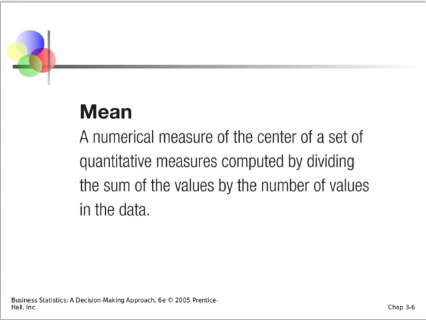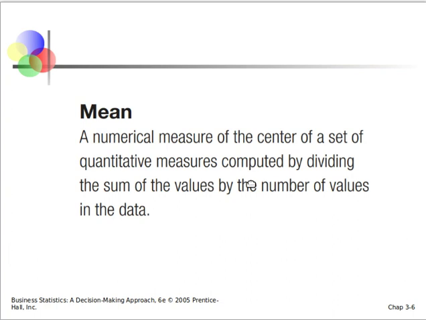The mean. What is the mean? Mean is a numerical measure of the center of a set of quantitative measures computed by dividing the sum of the values by the number of values in the data.